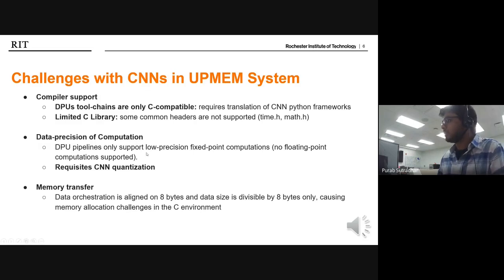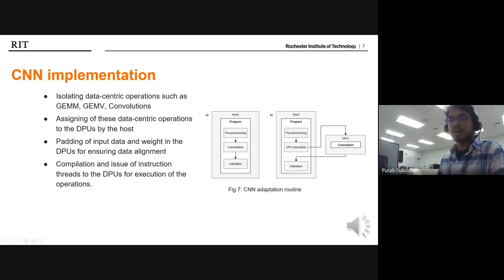So let's have a look at how we actually mapped the CNNs in the UPMEM PIM. First, the CNN layers are decomposed into a stream of small tasks such as matrix and matrix-vector multiplications. All the convolutions are also converted to this stream of operations.